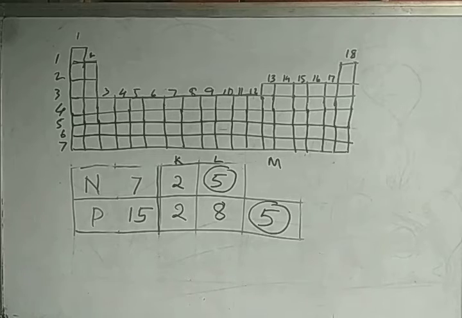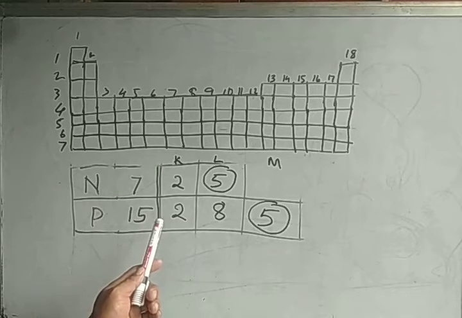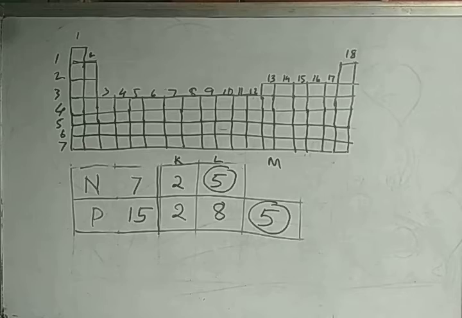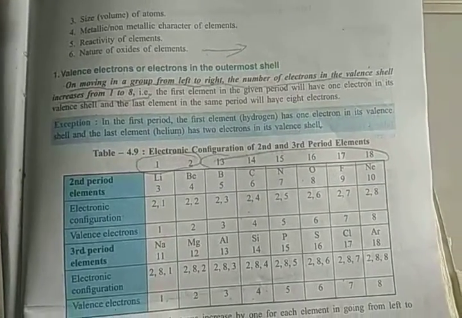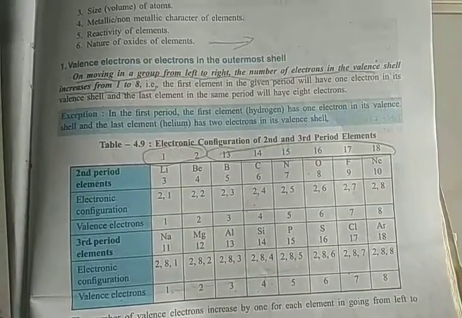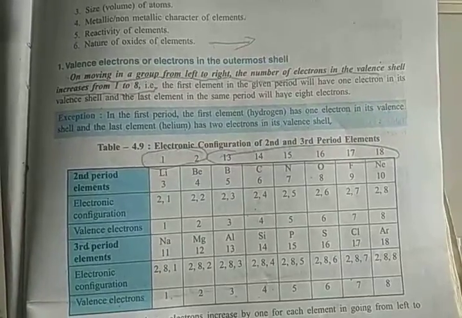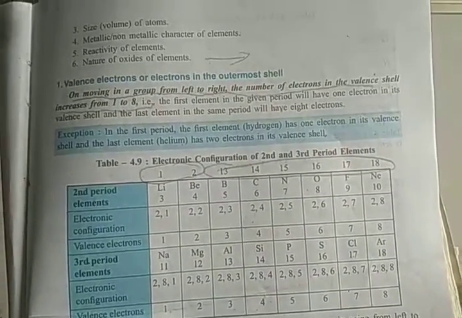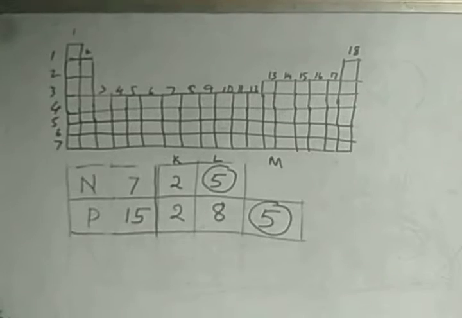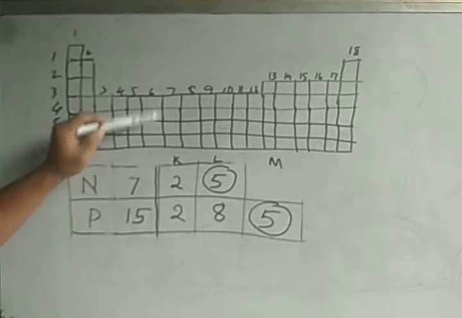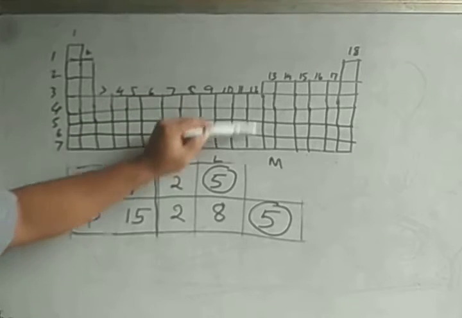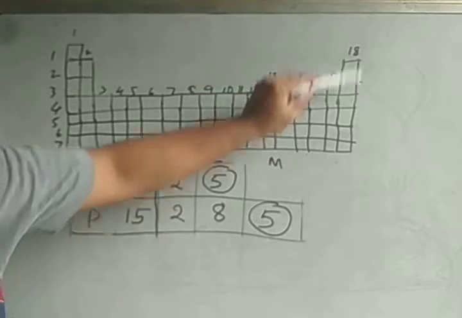Now which group they belong to, we have to think. On moving in a period from left to right, the number of electrons in the valence shell increases from 1 to 8. That's what we already learned. We already know that we have 18 groups here: group 1, group 2, group 3, 4, 5, 6, 7, 8, 9, 10, 11, 12, 13, 14, 15, 16, 17, and 18.